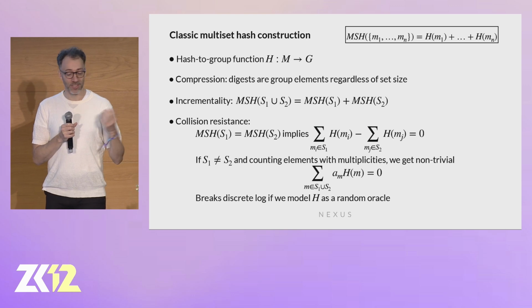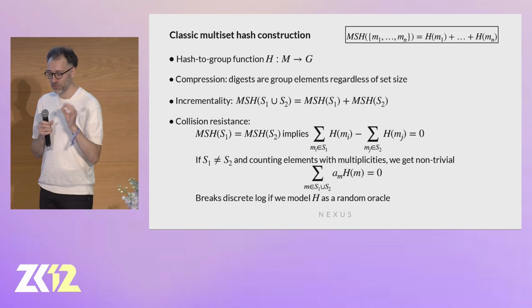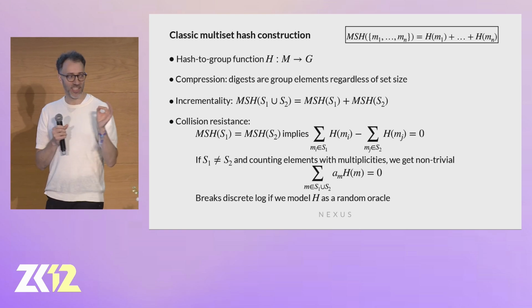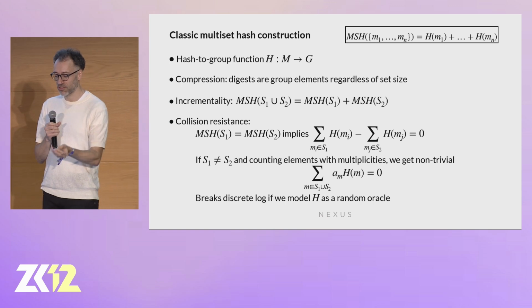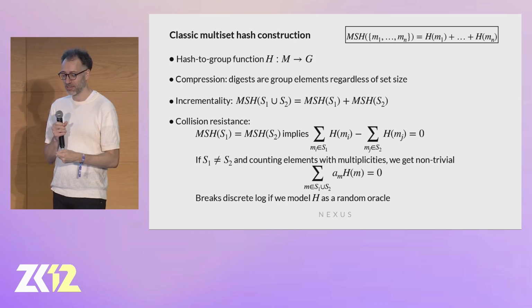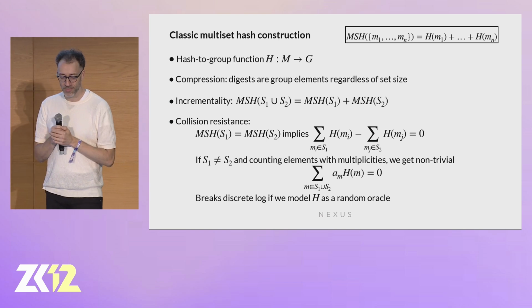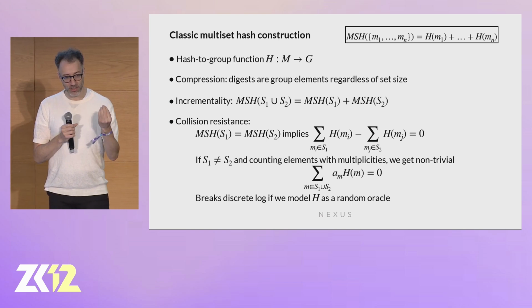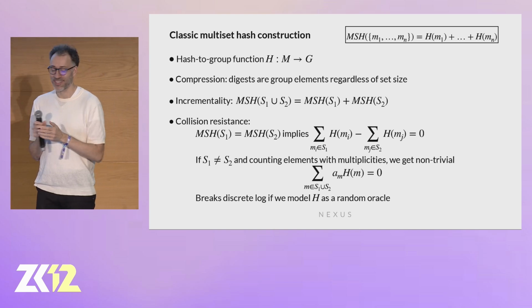And finally, you have the collision resistance property. If you have two multiset hashes that are equal to each other, well, the first one is just the sum of hashes in that set. You can subtract the hashes in the second set, and that should be 0. If the two sets are identical, obviously you get 0.